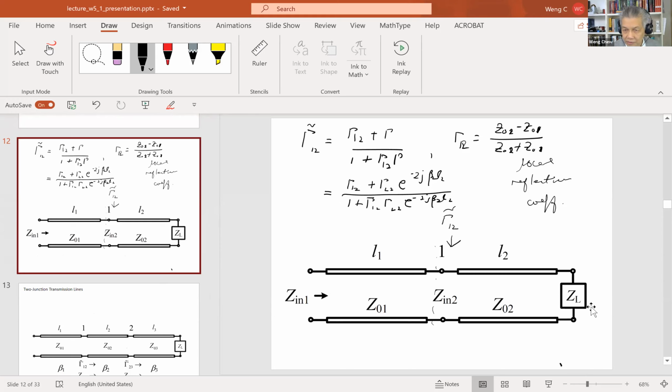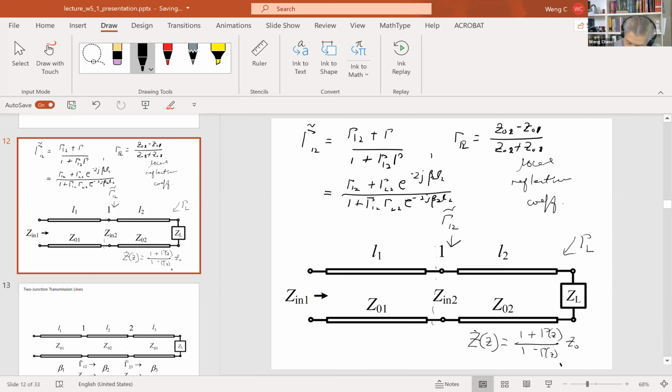That if you have the load, okay, you can calculate gamma L at this end, and then with this load, you can calculate the generalized impedance, which is z naught times 1 plus gamma z over 1 minus gamma z, okay?